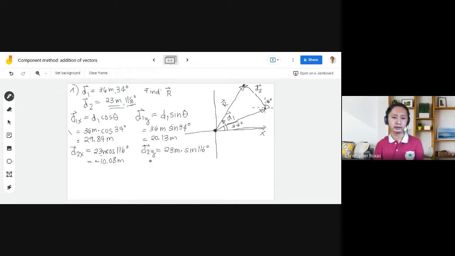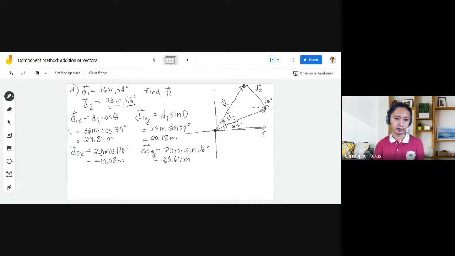And then for the y component, 23 times sine 116. You will get 20.67 meter.